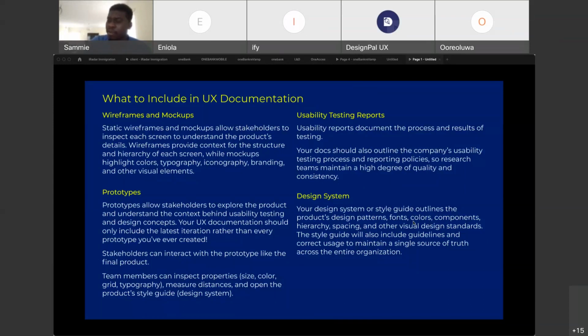Sometimes, I think there was a project we were working on before. The style guide was supposed to be green and orange, and we didn't know. We ended up building the product with the usual Sterling brand, which was red and a mixture of grays and whites. And when we were done, they were like, no, this is not the style guide for this project. We didn't know it was an outsourced project.